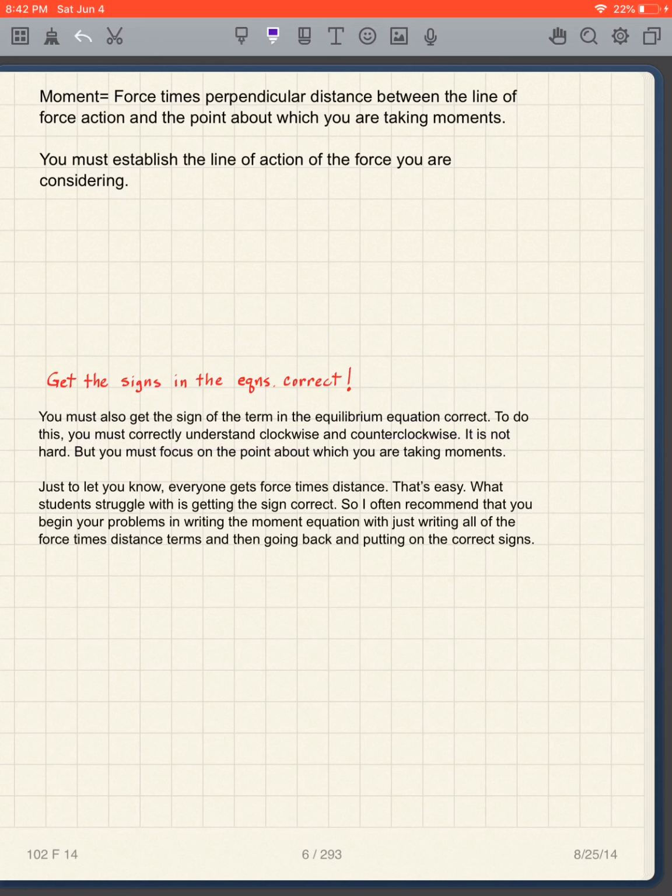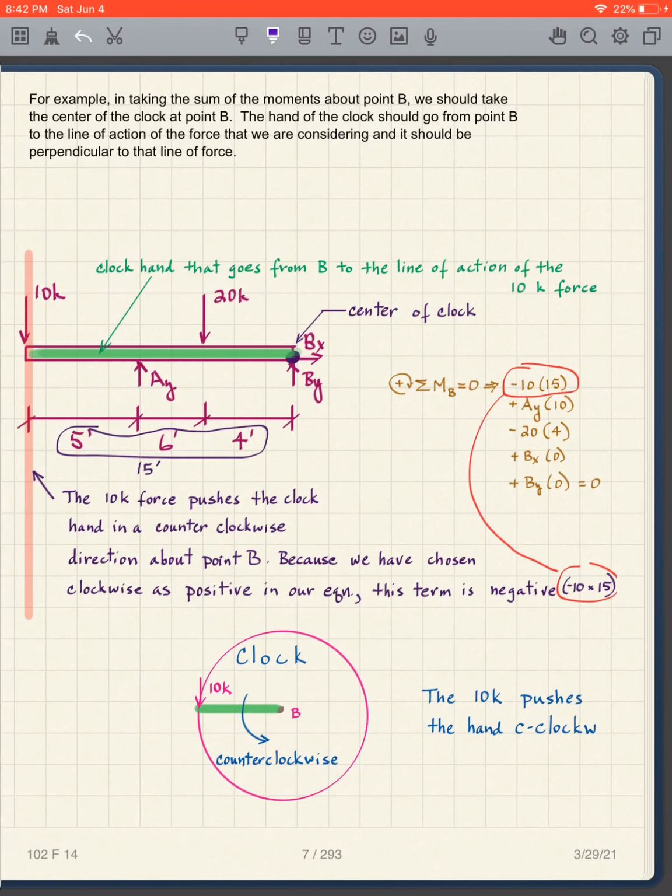One way to do it, in writing the moment equation, is to just write all of the force times distance terms, and then go back and put in the correct signs. That's a way to do it, because everybody gets force times distance. Come back and get the signs.